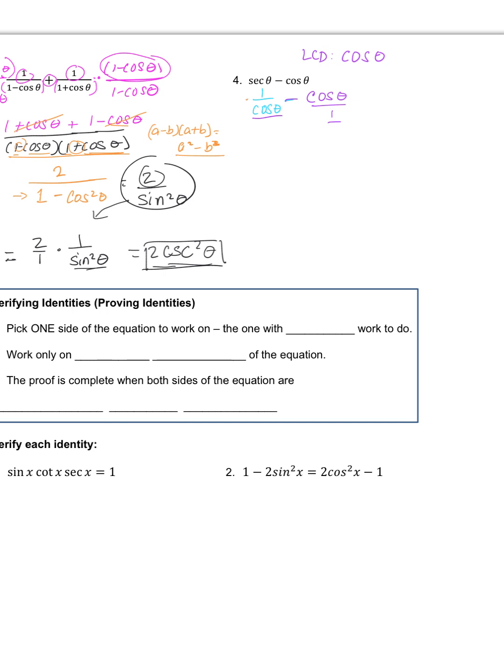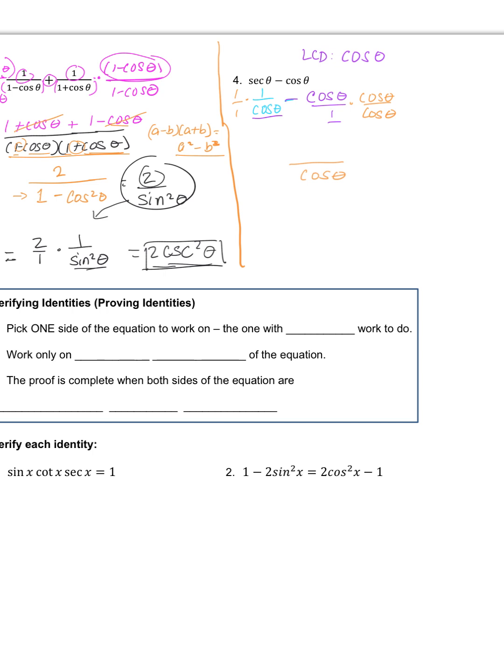This first one doesn't need anything, because the denominator is already cosine theta. This other one, though, you do. You need to multiply this by cosine theta over cosine theta.